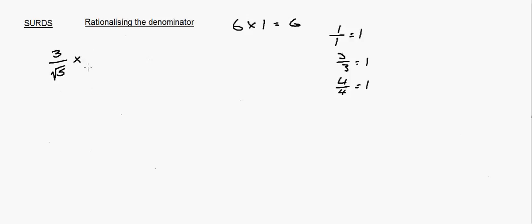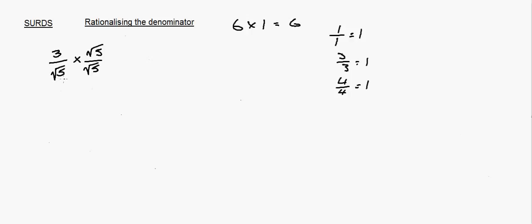But if I just multiply by 1, the fraction will stay the same. What I do know is that if I multiply root 5 by root 5, I get 5. So instead of having a root on the bottom, I would have a whole number. So knowing this, I multiply by root 5 over root 5, because this is root 5.